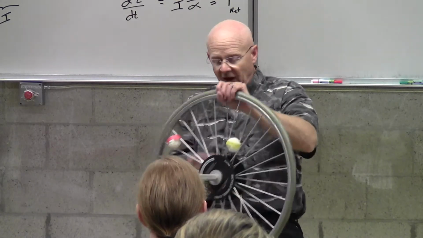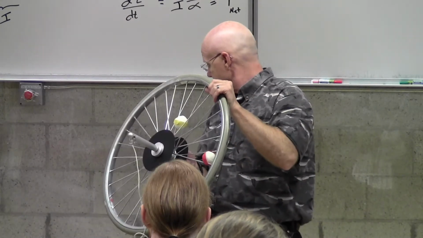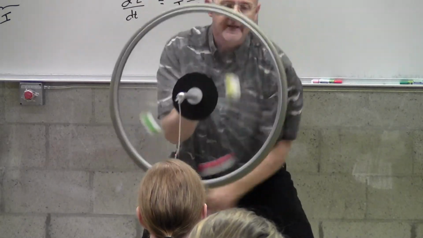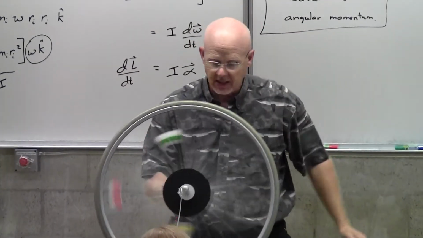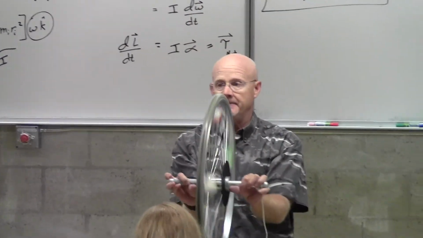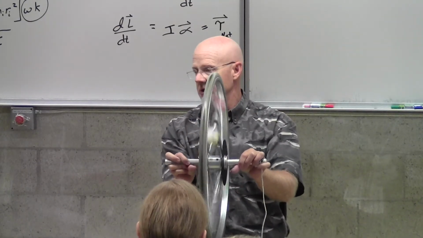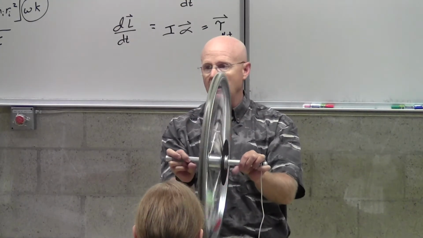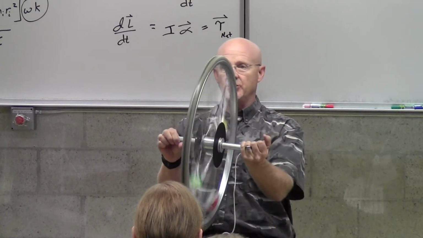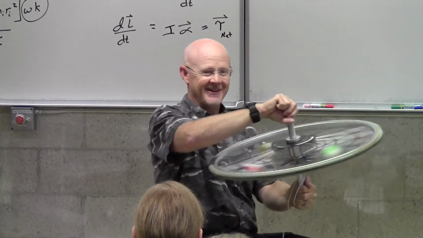But let me do this. What if I started this? I'll just use this one here. If I start this one and spin it without sitting on the stool, you may argue, well, it's already spinning. Fair enough. But isn't it spinning around what I would call an x-axis? I would say there's nothing around the y-axis. So as this wheel is spinning, what would happen if I turned it this way versus this way?